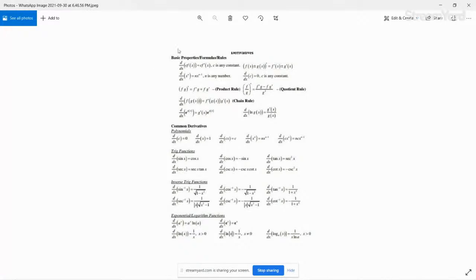So we take out the c and differentiate f of x only, so it will be c f dash x.